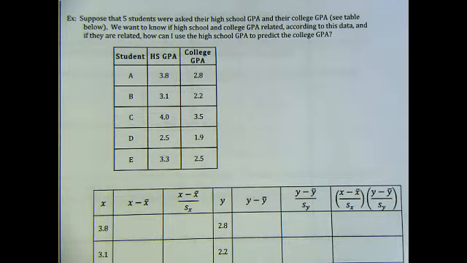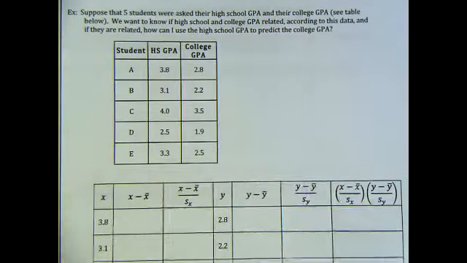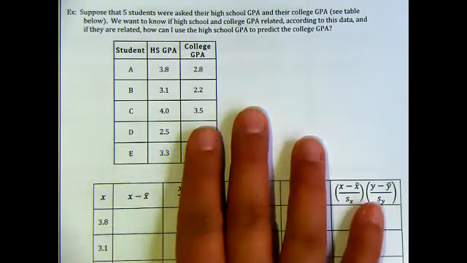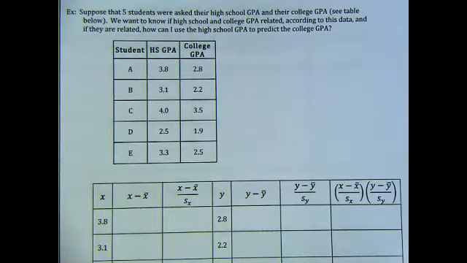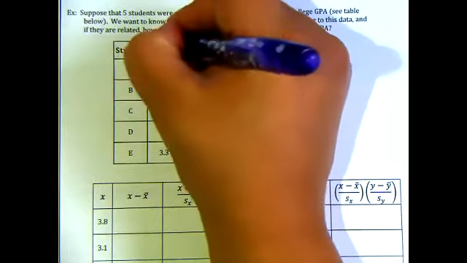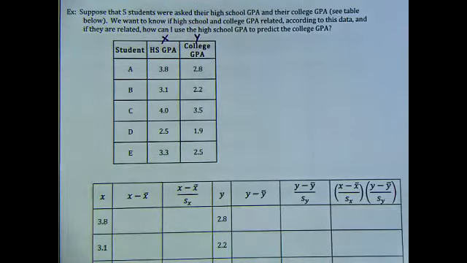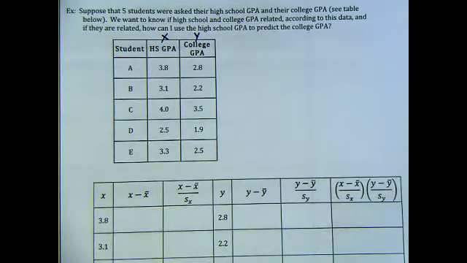And if they are related, how can I use the high school GPA to predict college GPA? Okay, so you have your high school GPA, you have your college GPA. Let's say this is our X and this is our Y, for the sake of discussion. All right, so 15 minutes on the clock, guys.